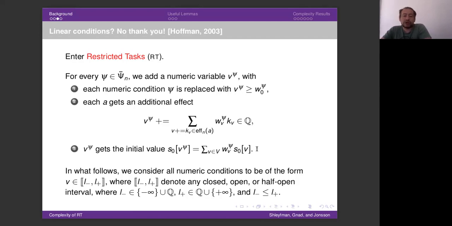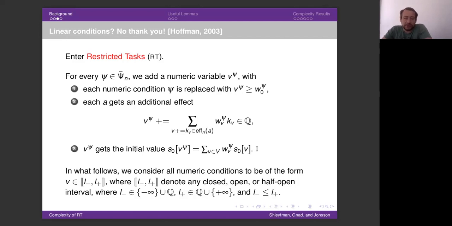Now we can represent our task as intervals. Our conditions are basically intervals on variables, right? We need to check whether these variables belong to this interval. The interval can be compact, which means it's bounded and closed. It can go to minus infinity, or go to infinity.